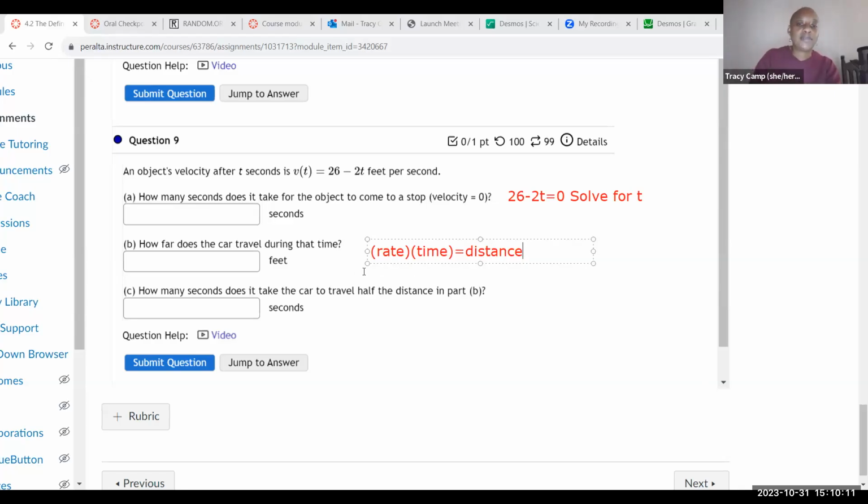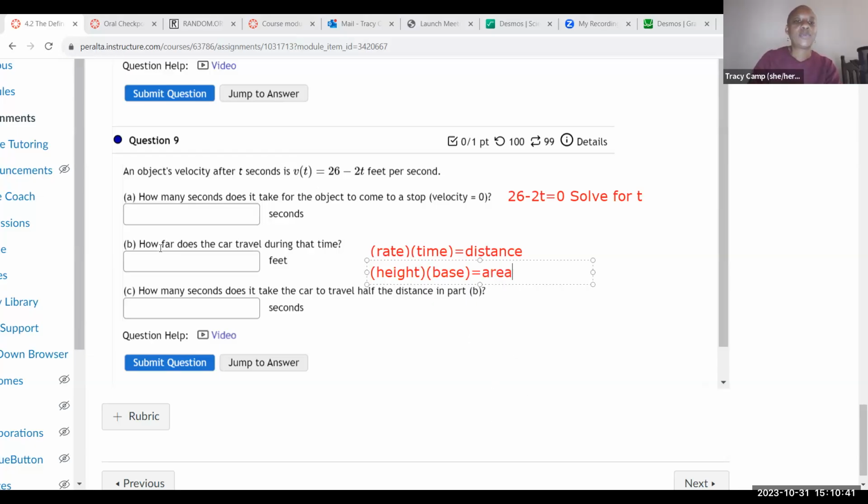So because rate times time equals distance, you can think of distance as an area, like base, or actually think of time as the base, right? And the rate in this case is the velocity. So it's like height times base equals area of a rectangle, right?